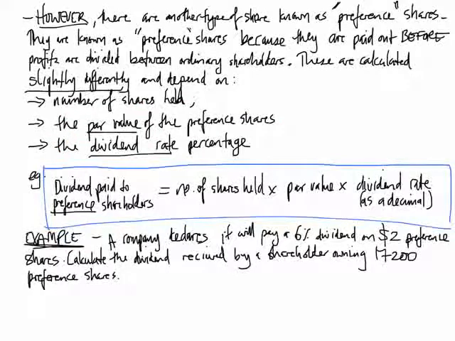The formula for this you'll find in this blue box. The dividend paid to preference shareholders is going to be number of shares held, that's similar to before, but this time it's times by the par value, which is the value that the company has said the shares should be worth, times by the dividend rate as a decimal. It has to be a decimal because dividend rate is a percentage.